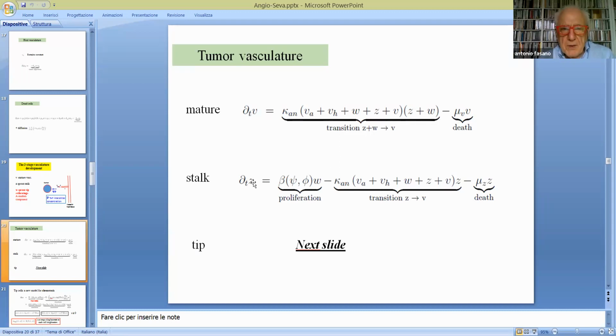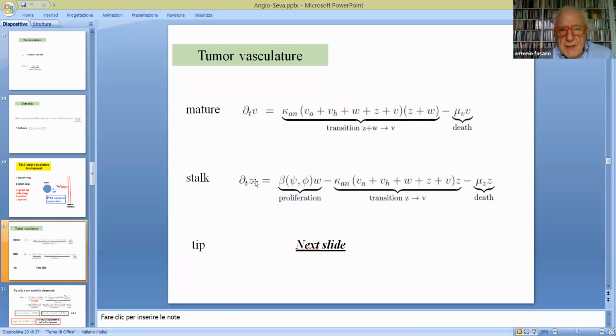And the stalk cells are proliferated from the tip, and at some rate, and we will see how.